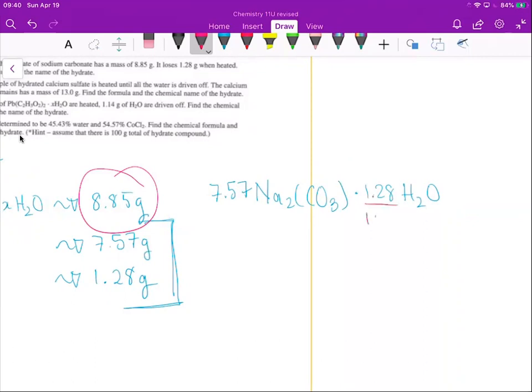Okay, so as always, we'll divide that by 18.02. And then let's go to our periodic table. 22.99 times 2 plus 12.01 plus 3 oxygens is 48. And so I get a total of 105.99.